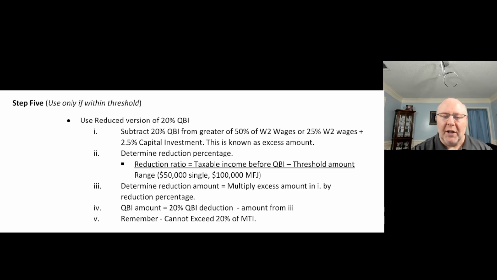Well, when we come down here, it says determine the reduction percentage. The reduction percentage is a ratio. We're going to say what was our taxable income before the QBI, so basically our modified taxable income, and then we subtract out the threshold amount. The threshold amount for a single individual is slightly over $191,000.